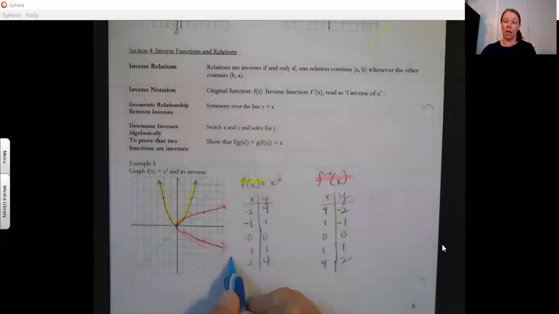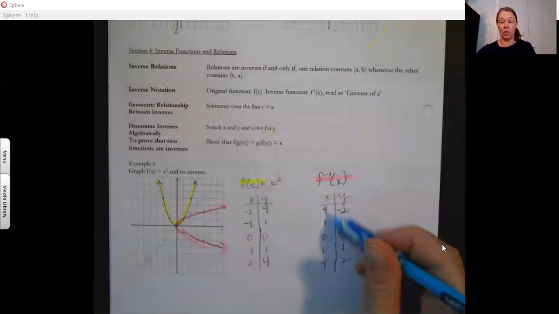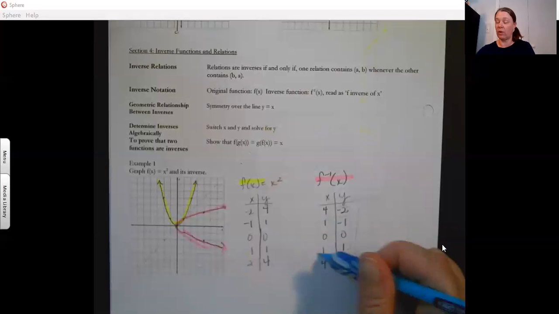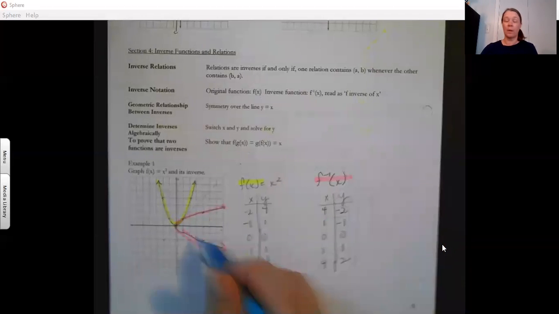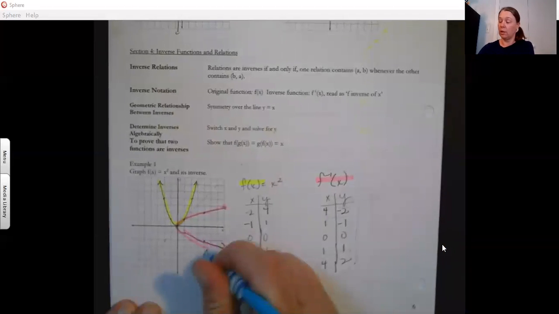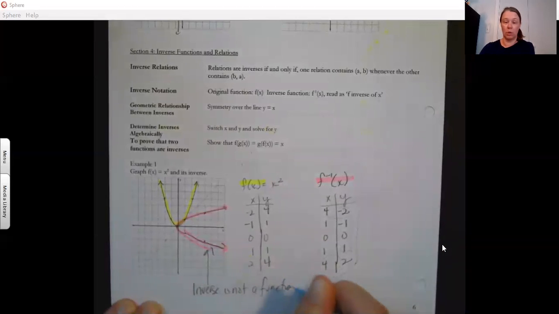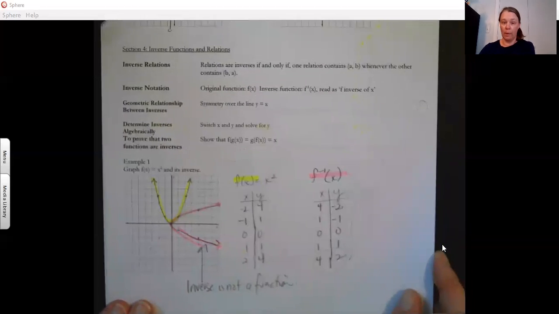Would it pass a vertical line test? In my table, for each x value, is it paired with exactly one unique y value? And I can see here and here, it's not. Or here and here, right? For these x values, there are 2 different y values. So my inverse is not a function. Okay, so we're going to talk a little bit more about that in a second. We have a whole rule about it.